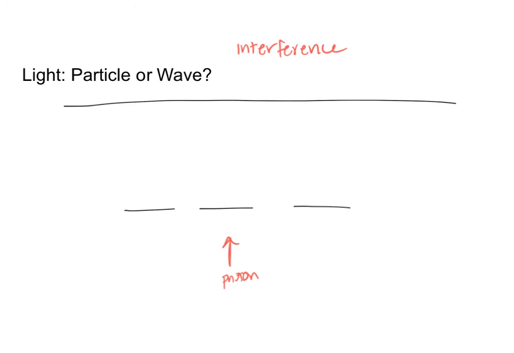However, as soon as we add a meter that can measure which slit the photon went through, at that point we no longer see our double slit diffraction pattern, and instead we see the pattern for a single slit. So this actually tells us a lot about quantum mechanics.